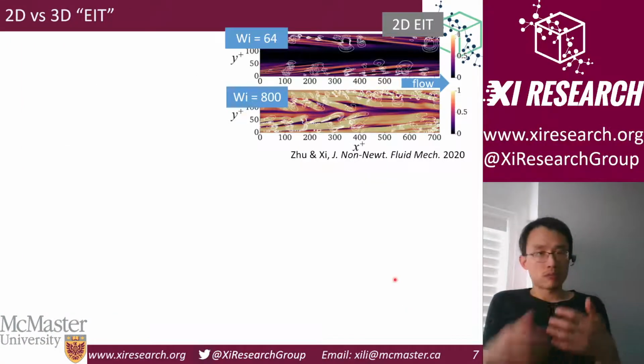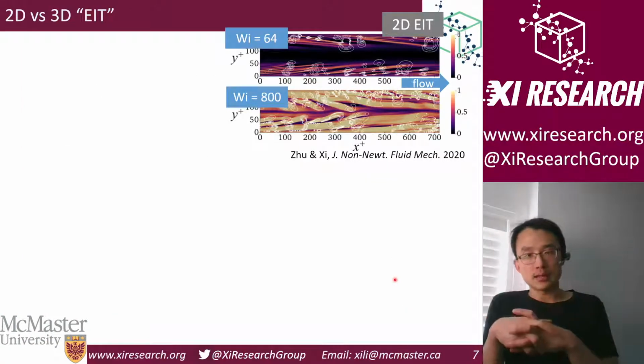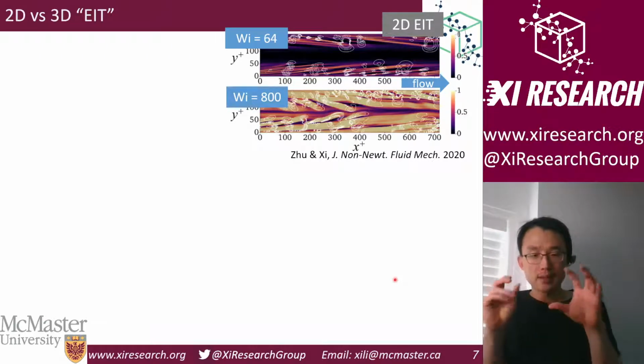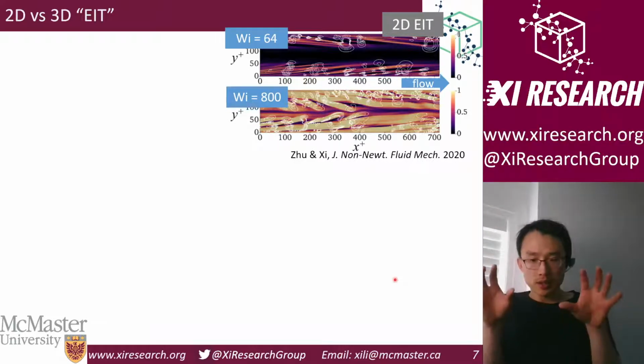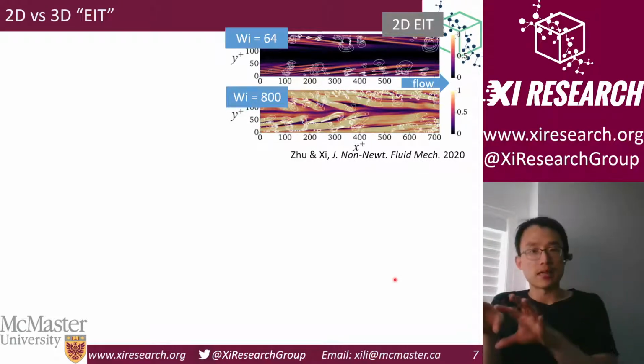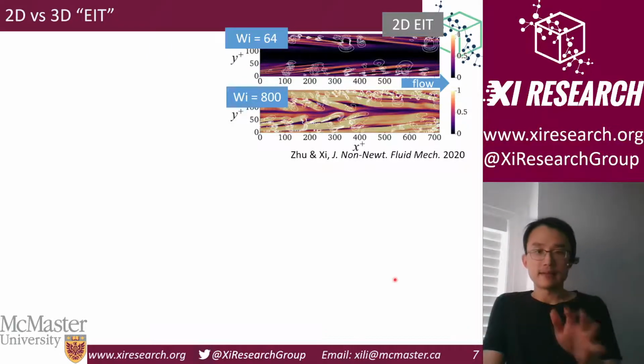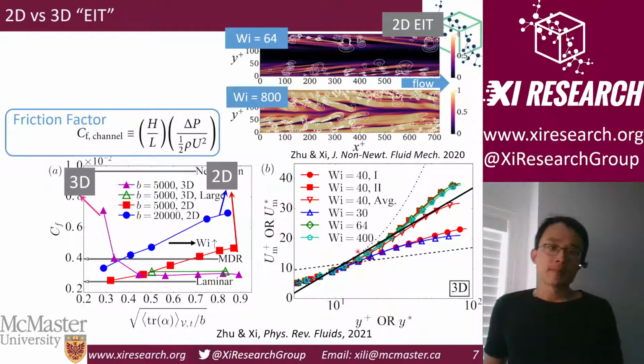So as I said, we can find a 2D EIT solution. The first step we take is just to quickly check the hypothesis. If MDR is this 2D EIT state, then this 2D EIT state should be insensitive to increasing Weissenberg number and actually any polymer properties for that matter. So we find the 2D EIT state for different Weissenberg numbers.